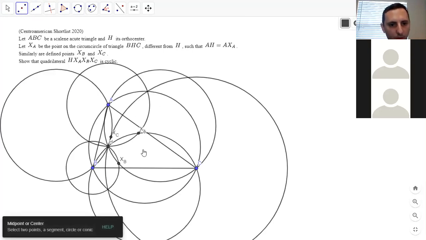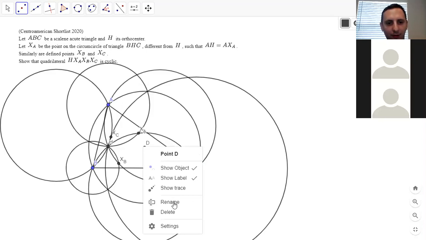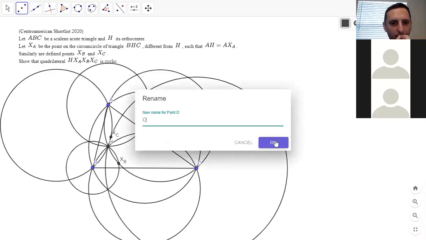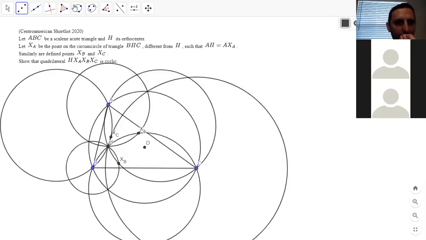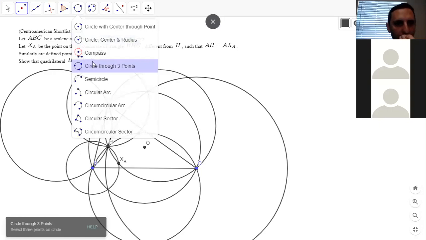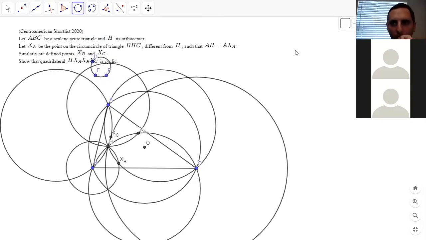Let's call it O. I wonder if O lies on the circle. I wouldn't be surprised. Yeah, it looks like it does.